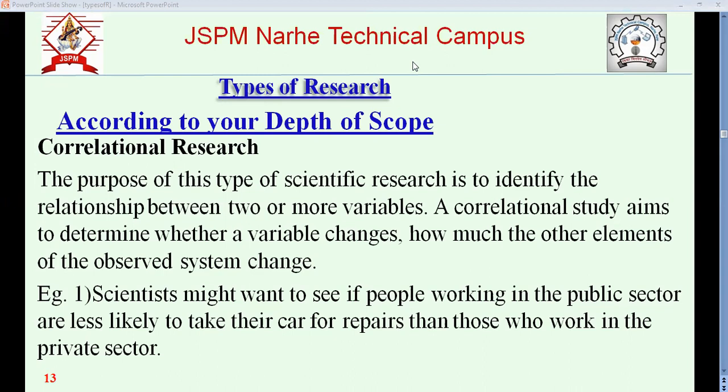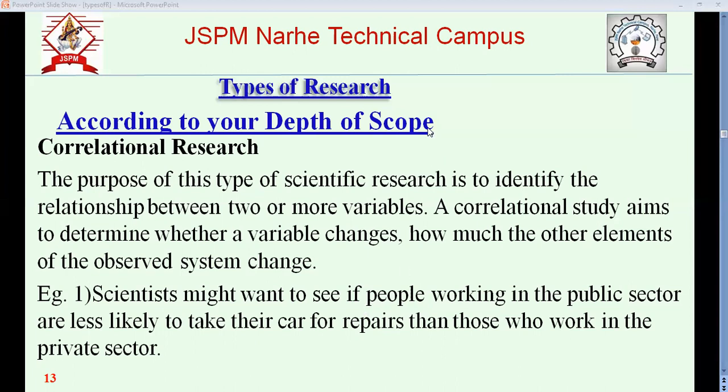What is the reason? So that is correlation research. Please understand, all these research methods go in what is called quantitative research. All these four methods are also part of quantitative research.